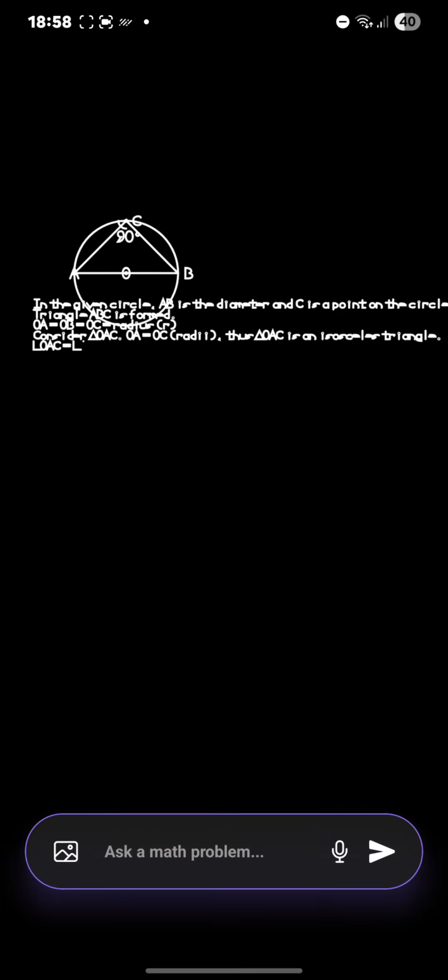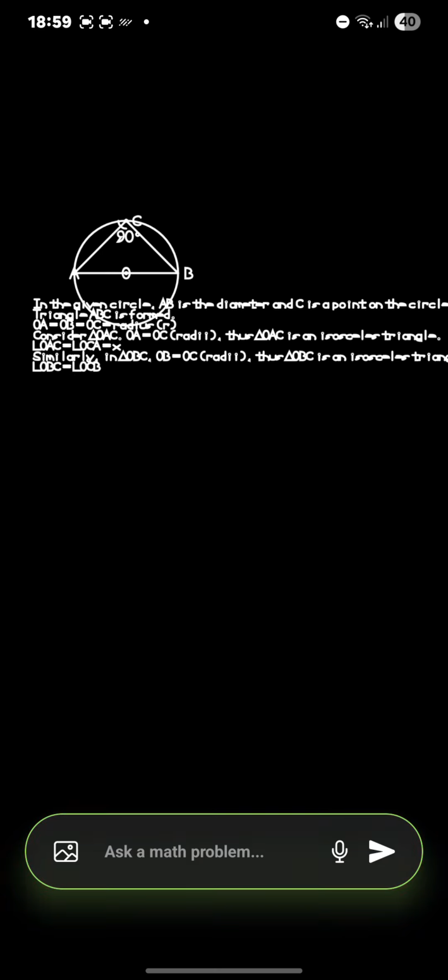Angle OAC equals angle OCA equals x. Similarly, in triangle OBC, OB equals OC, radii, thus triangle OBC is an isosceles triangle. Angle OBC equals angle OCB equals y.